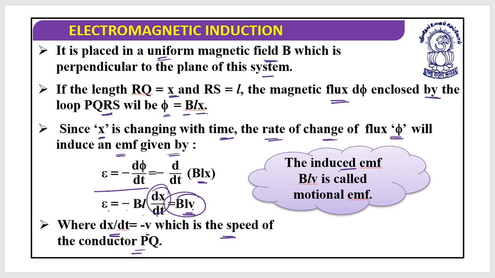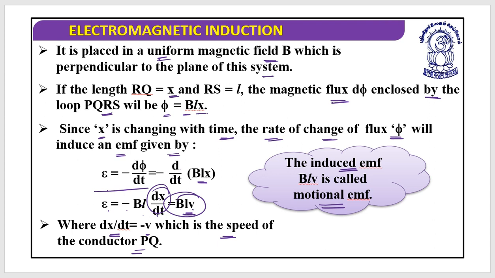This BLv is the induced EMF that is called the motional EMF. It exists because of the motion of a conductor. That's why it is known as the motional EMF. I hope this is clear to you. Are there any doubts?